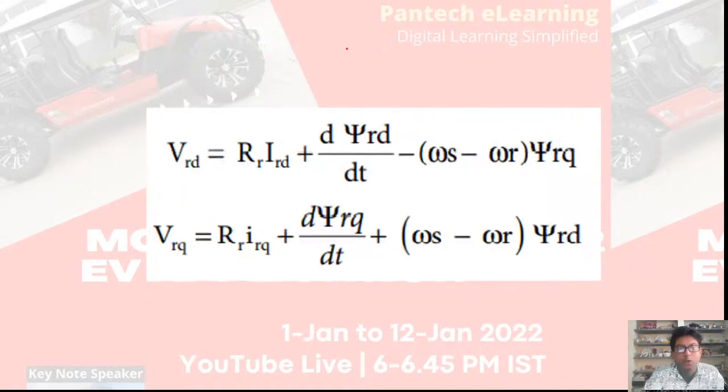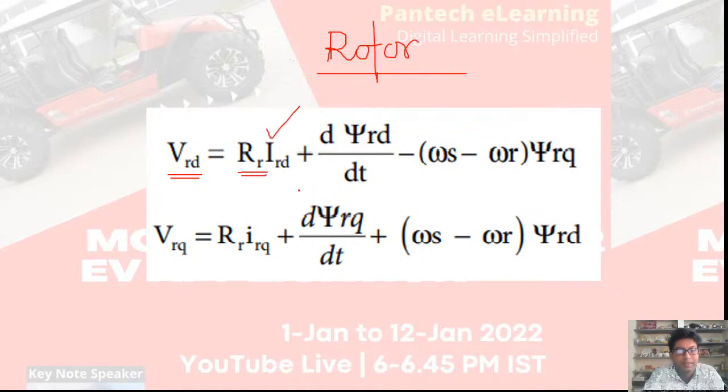This is the rotor voltage equation. It is very simple, in a similar way. Rotor direct axis voltage is equal to rotor resistance into rotor direct axis current plus rate of change of rotor direct axis flux. And as I told in the first or second lecture, the relative speed between the synchronous speed and the mechanical speed of the rotor will decide how many flux lines will be cut by the rotor conductor.